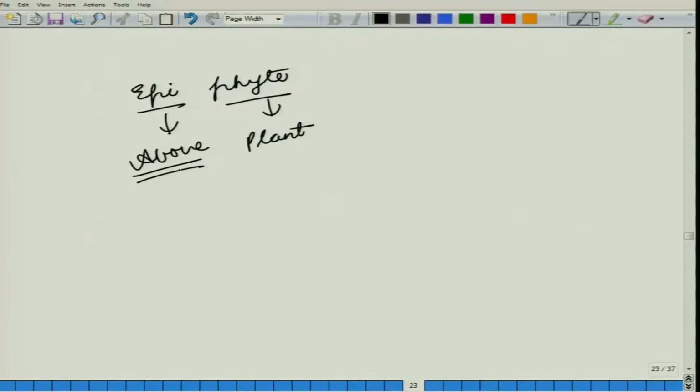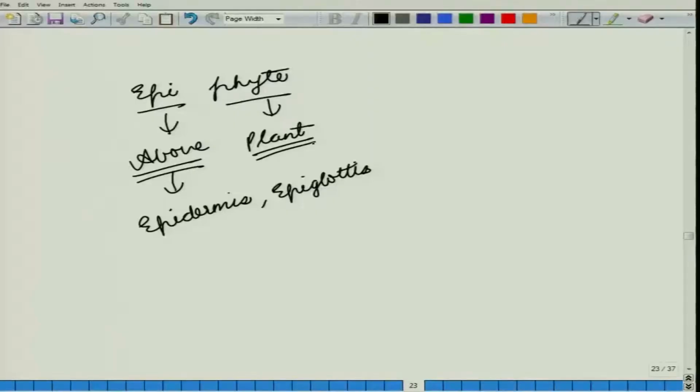Epi is found in things like epidermis or say epiglottis. Epidermis is the top layer of your skin, epiglottis is the structure that is formed above the glottis. Phyte is a plant. So, an epiphyte is a species that resides on top of a plant.